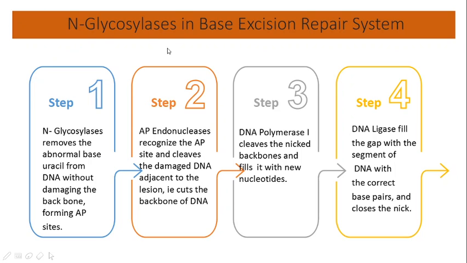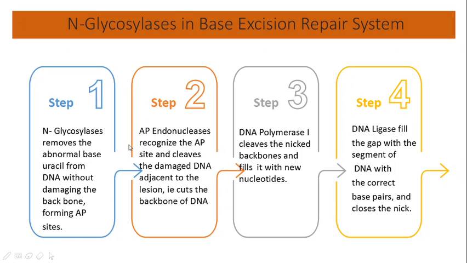After the N-glycosylases, the long patch and short patch repair systems take place. N-glycosylase-involving base excision repair involves four major steps. First, N-glycosylase removes the abnormal base uracil from DNA without damaging the backbone, forming an AP site.